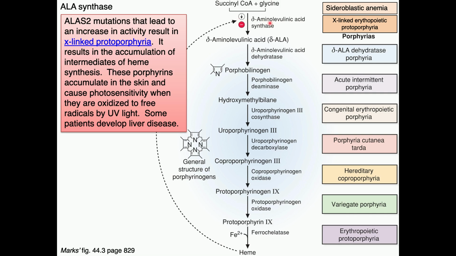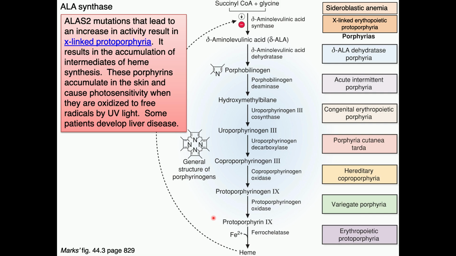Now, because with the X-linked protoporphyria, you don't have any other enzymatic defects in any of these other steps, the main thing that builds up is this final product, the protoporphyrin, because you're making those intermediates and exceeding the iron capacity of the cell or the iron stores of the cell. So this protoporphyrin is the one that really builds up.